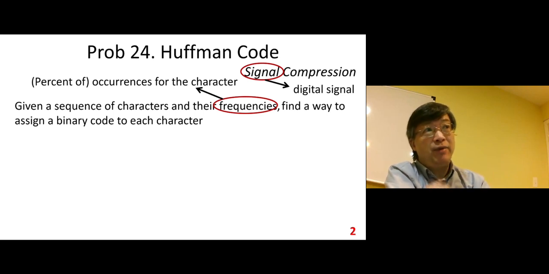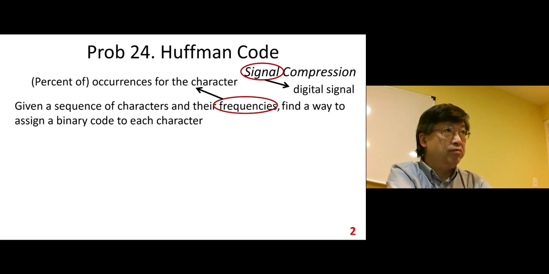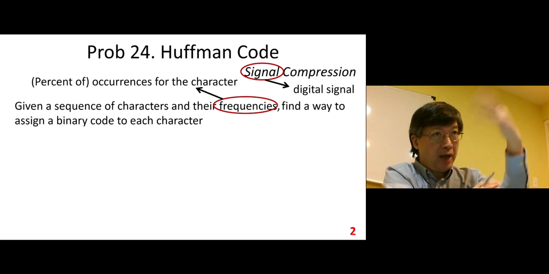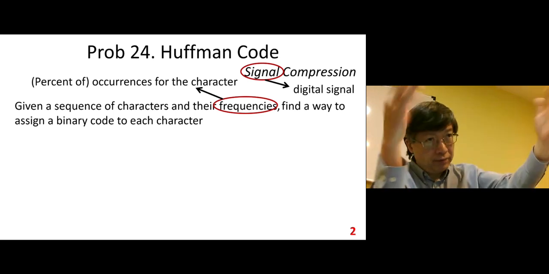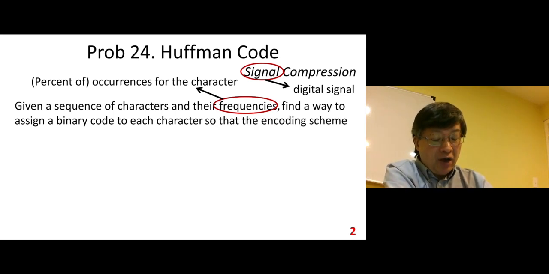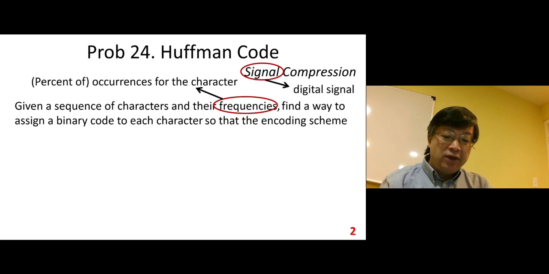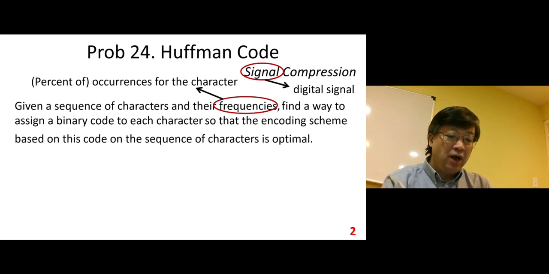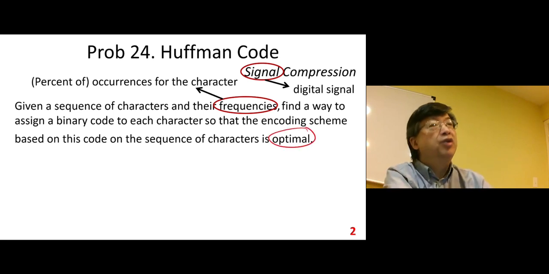So then we can send the binary format to the other side of the communication channel, and the other side can decode the information. So assign a binary code to each character, so that the encoding scheme based on this code for the sequence of characters is optimal.